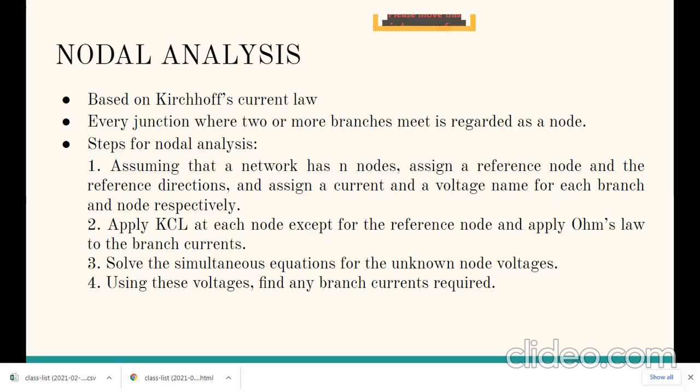Now, the reference node is considered to be grounded. It has the voltage 0. Now, with reference to the remaining nodes and the reference node, we have to give the reference directions in all the branches. And after getting the directions of currents and voltages at every node, we can apply the KCL.